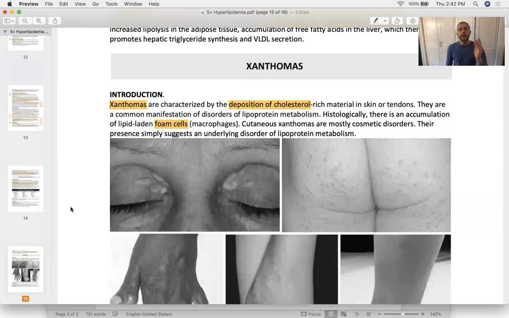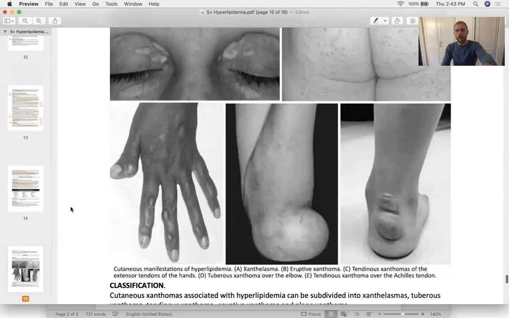And finally, getting into xanthomas, the most characteristic clinical presentation of hyperlipidemias and hypercholesterolemias. There are 5 types. A xanthoma is basically a cholesterol plaque within the skin, and histologically you're going to see foam cells, because they're the trash compactors, the waste management of all of your cells, and if they don't pick up this free cholesterol, who will? So, lipid-laden foam cells.